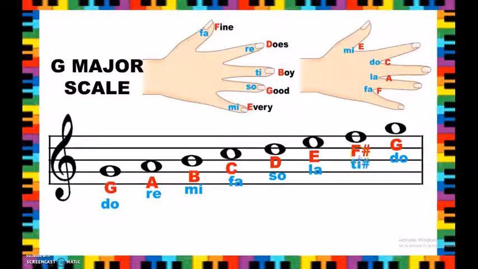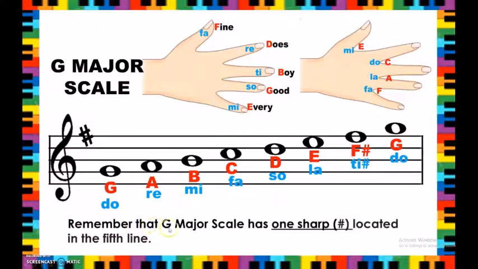Because G major has one sharp here. Okay? One sharp here. So, this F is affected by this accidental sharp. Okay? So, that is why it is F sharp or T sharp. Remember that G major scale has one sharp here, located in the fifth line. 1, 2, 3, 4, 5, fifth line.